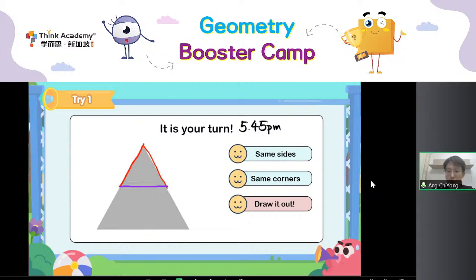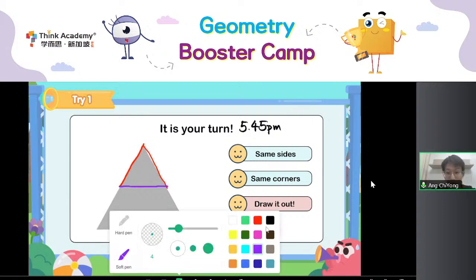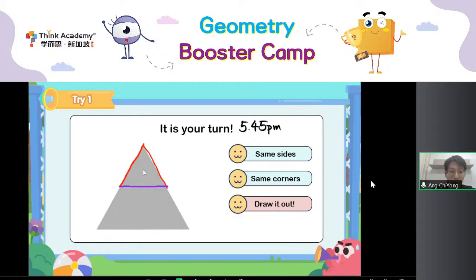So for those of you who are watching, take a look. I already have my first triangle at the top. One. And another hint. One of the triangles is upside down. Which one is upside down, I wonder?